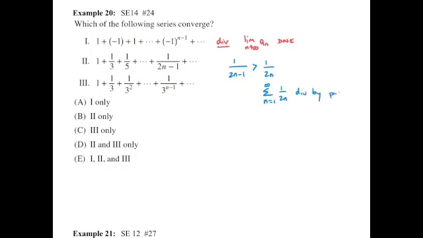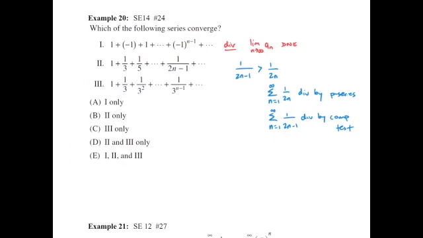It's also harmonic. And so therefore we could say that the series 1 over 2n minus 1 is also divergent by the comparison test. All right, so we've struck out twice. 1 is gone and 2 is gone.